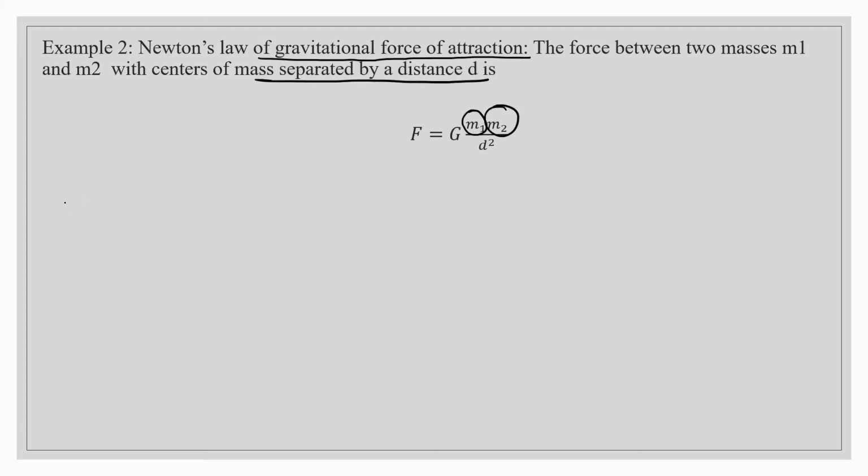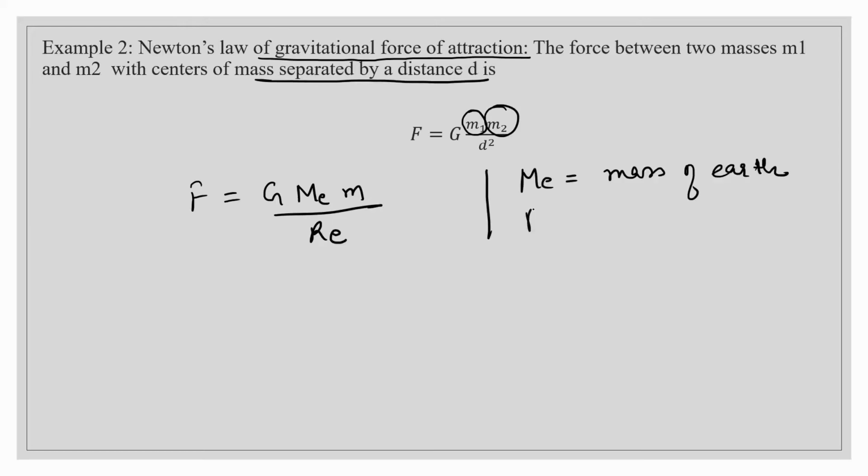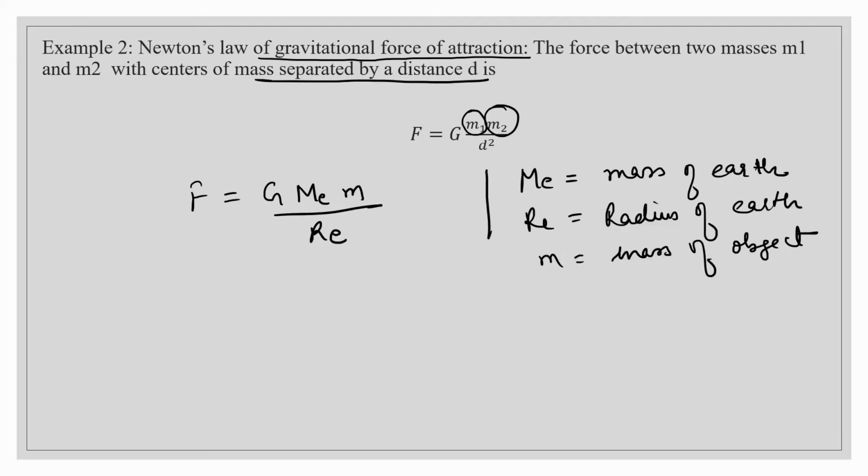Now if we talk about the gravitational force of attraction between the center of the earth and an object, I can write F is equal to G into ME into M divided by RE squared. Here ME is the mass of the earth, RE is the radius of the earth, and M is the mass of the object. This gives you the gravitational force of attraction between the center of the earth and an object of mass m.